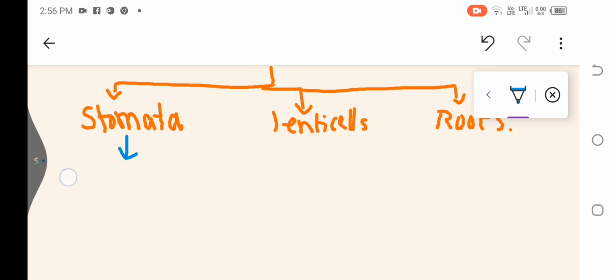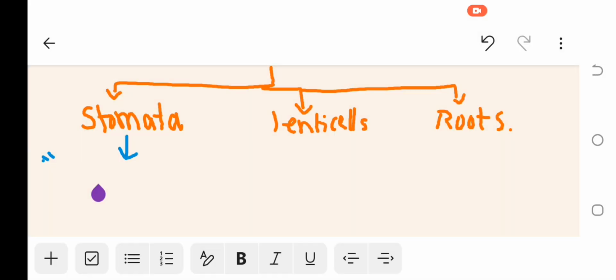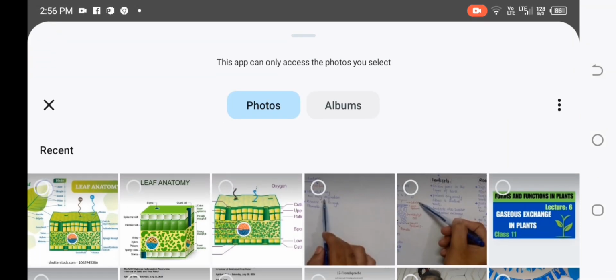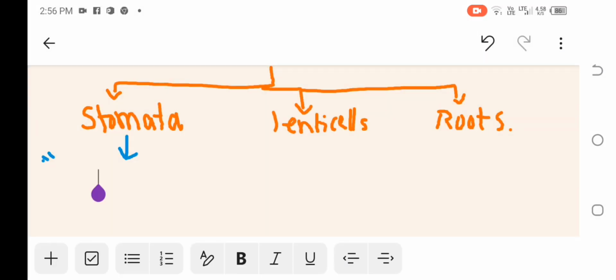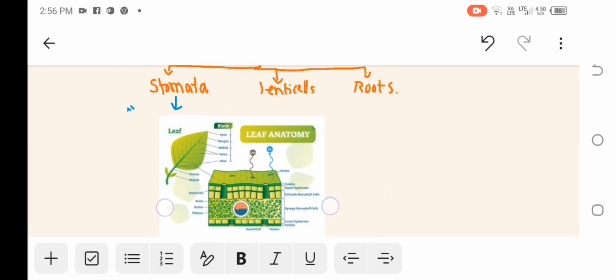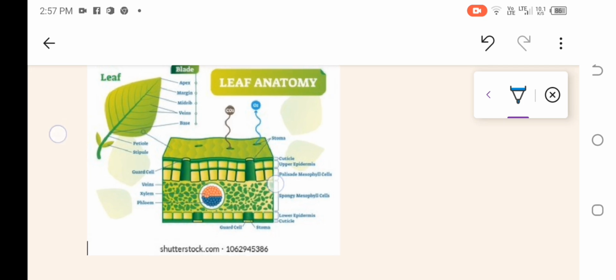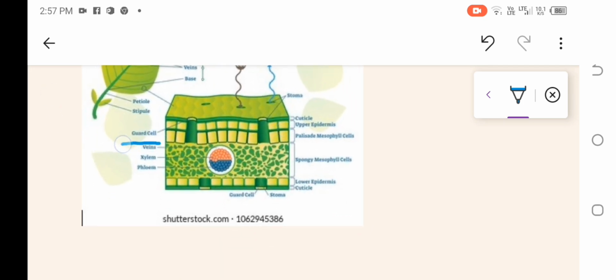So if I can draw here the anatomy of a leaf, wait a second, I can just add the picture here. Okay, so here you can see this is basically the anatomy of a leaf, and this is the guard cells, which are responsible for opening and closing of stomata.